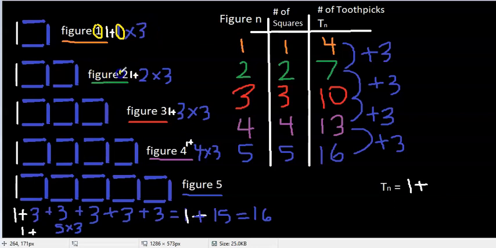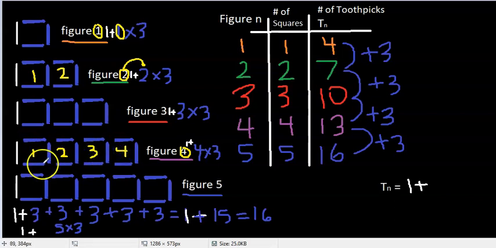And then if my figure is 2, so I have 1, 2 squares, I am going to have 2 groups of 3 toothpicks, and so on. Let's try. So my figure 4, I will have 1, 2, 3, 4 squares.